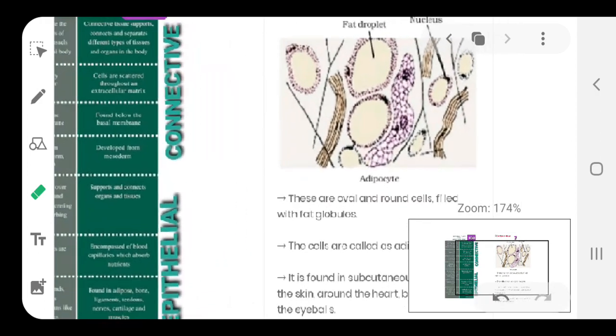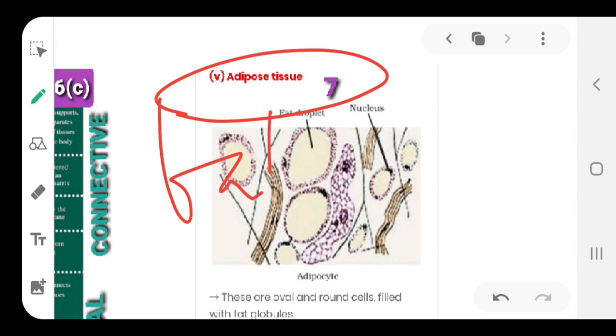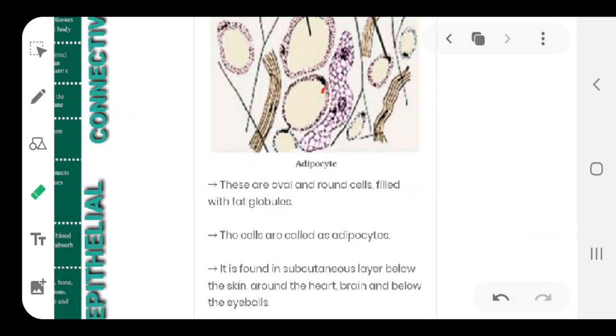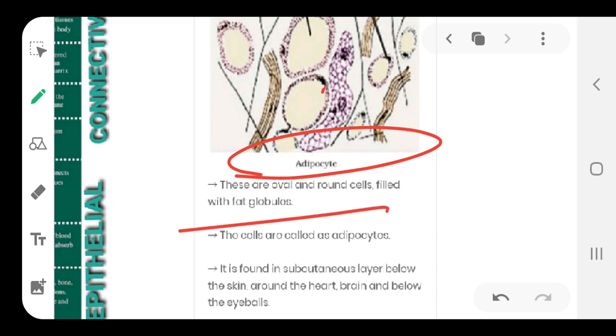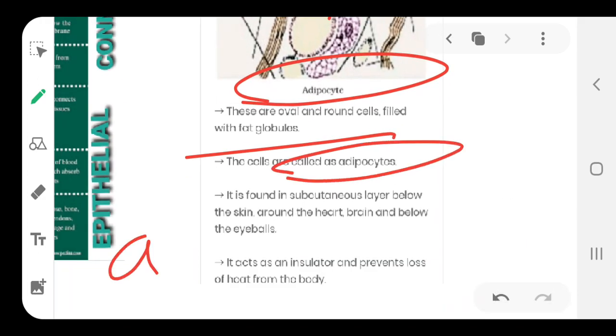Okay, so in this adipose tissue, we have just said they are the fat-collecting tissue. So they store fat in them. Their cells are called adipocytes, as I have told you, and these store fat. So underline the word adipocytes.